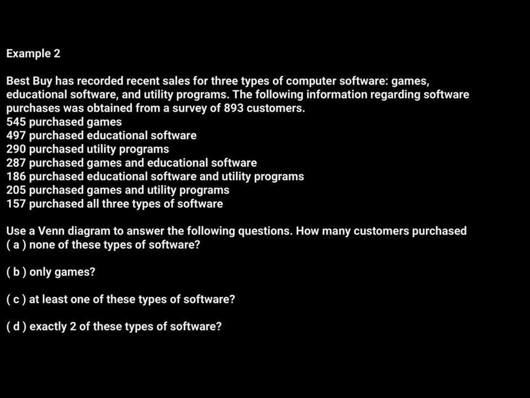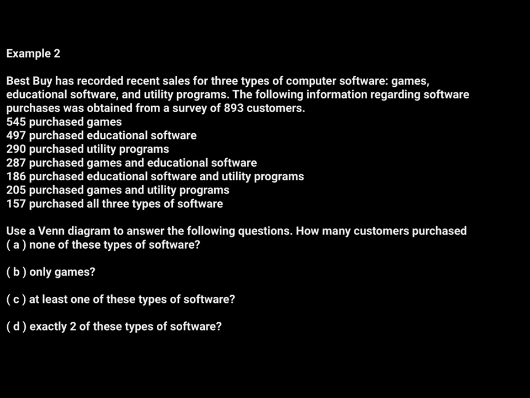All right, the following information regarding software purchases was obtained from a survey of 893 customers total. 545 purchased games, 497 purchased educational software, 290 purchased utility programs, 287 purchased games and educational software, 186 purchased educational software and utility programs, 205 purchased games and utility programs, 157 purchased all 3 types of software.